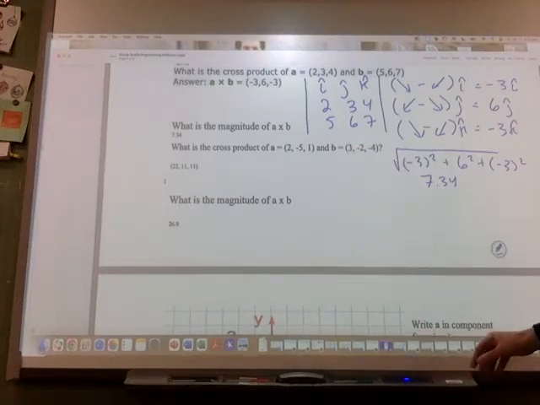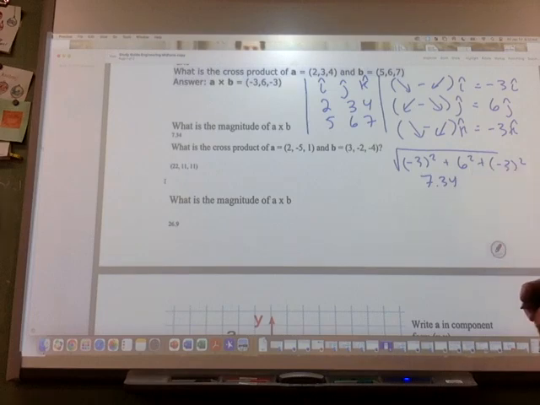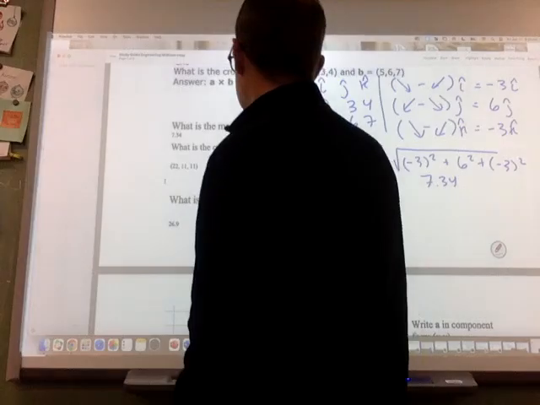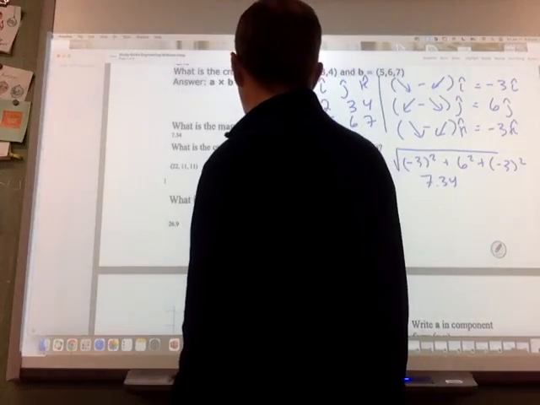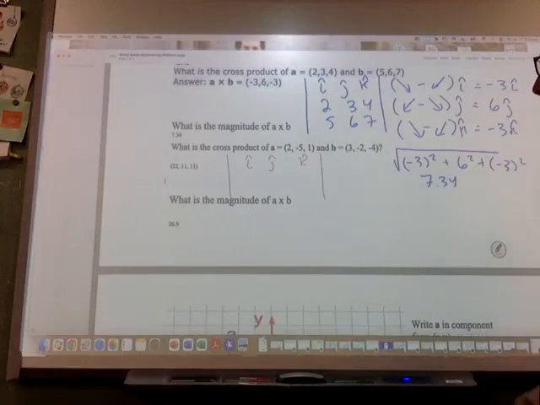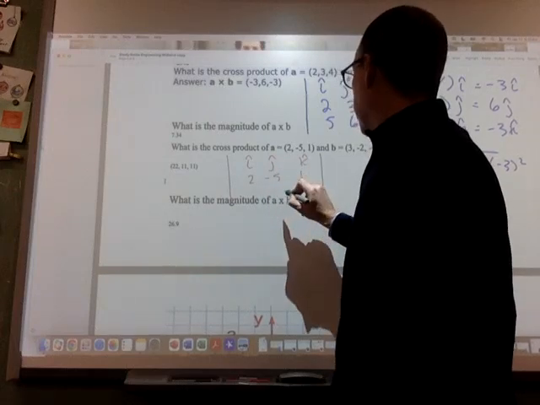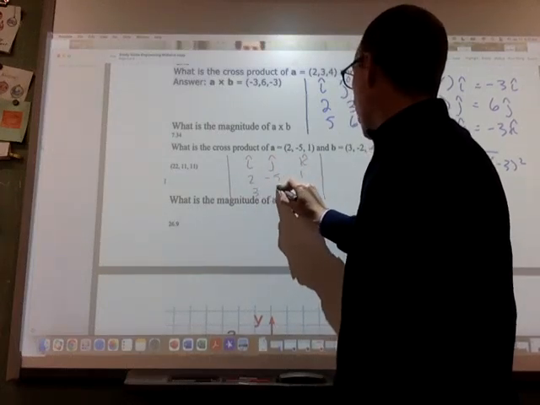Another example in coordinate form of our vector cross product, we're going to do A cross B when A is 2, negative 5, 1, and B is 3, negative 2, 4. Again, I'm going to set this up in my i hat, j hat, k hat component way, I have to put A first because the order matters.